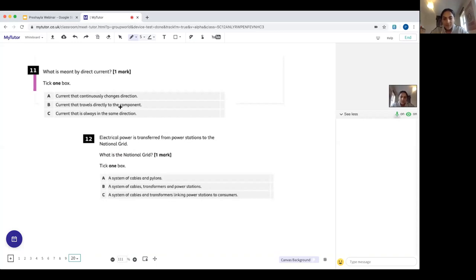Cool, I can see loads of you putting the correct answer, which is C. So current that is always in the same direction. That is the definition of direct current.